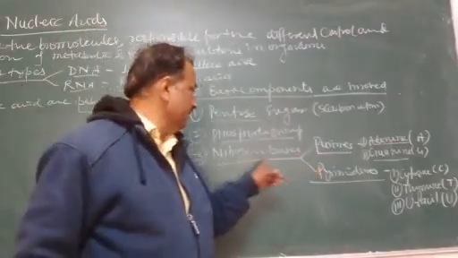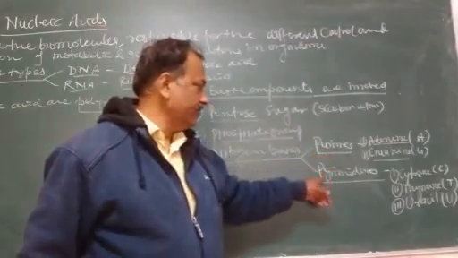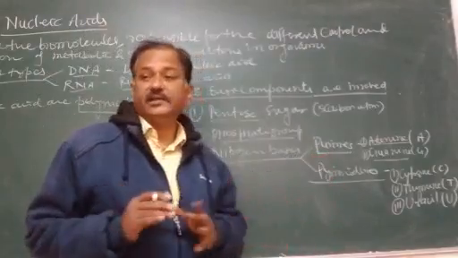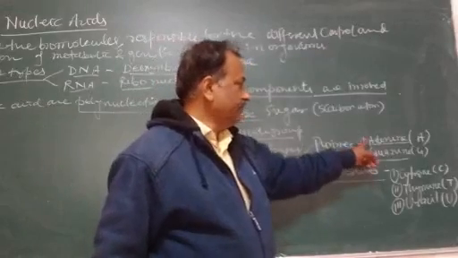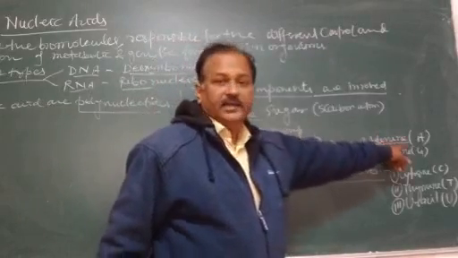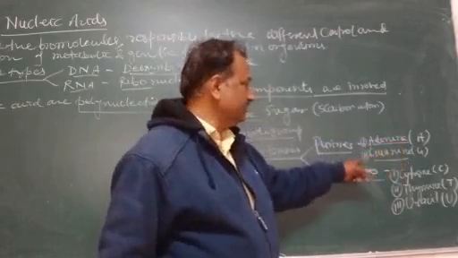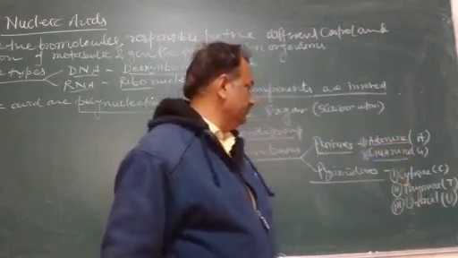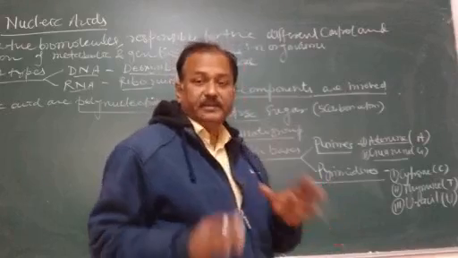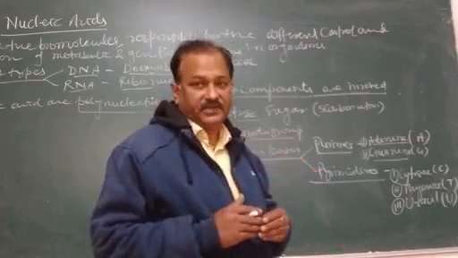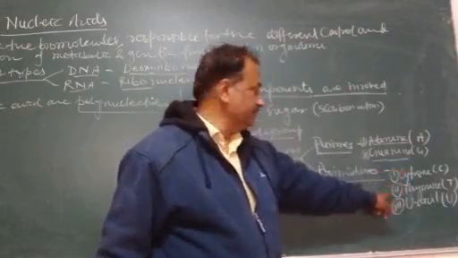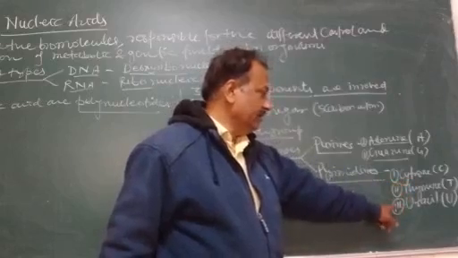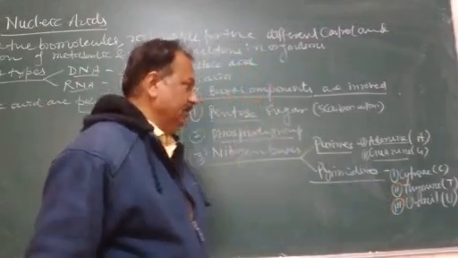So the nitrogen bases, purines and pyrimidines, are the categories of the nitrogen bases. Purines are of two types: adenine, symbol capital A, and guanine, symbol capital G. Pyrimidines are another class of organic compounds: cytosine C, thymine capital T, uracil capital U.